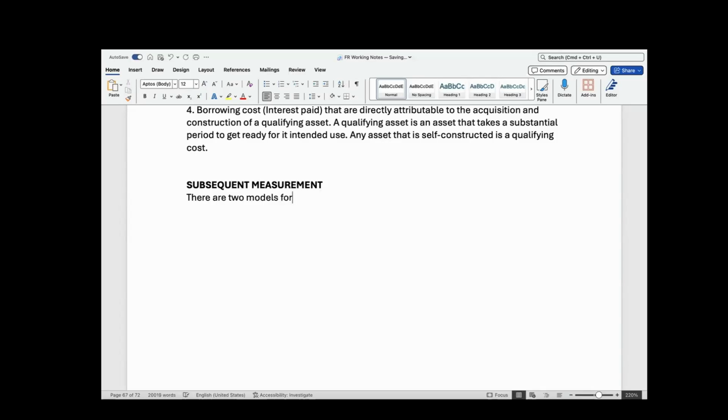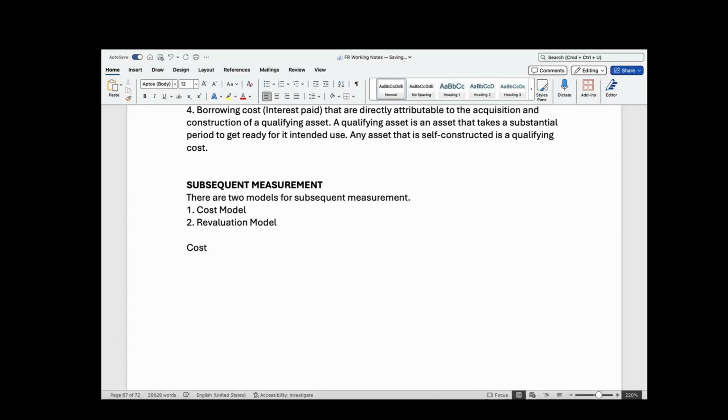So there are two models for subsequent measurement. Number one is the cost model. And number two is the revaluation model. These two models help you determine the value of an asset at the end of the year.